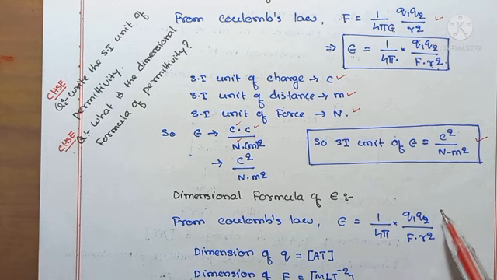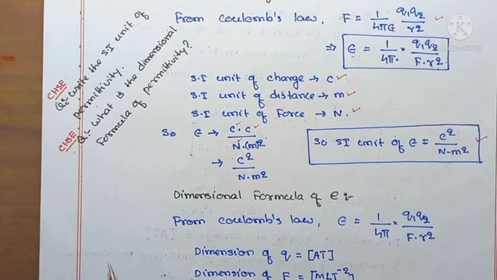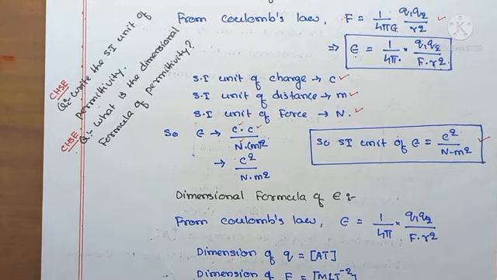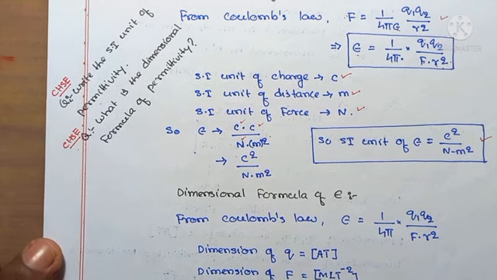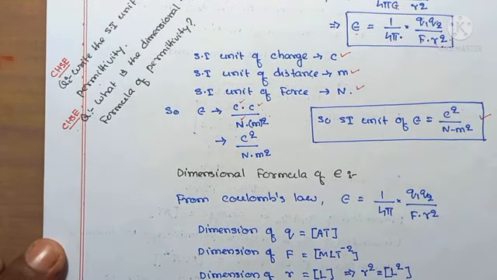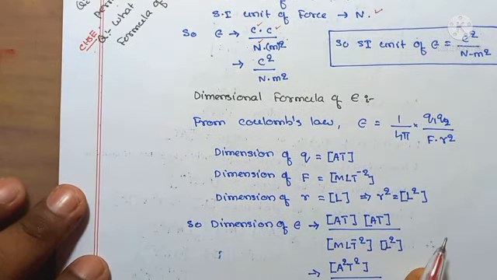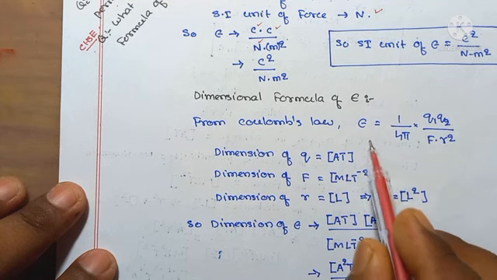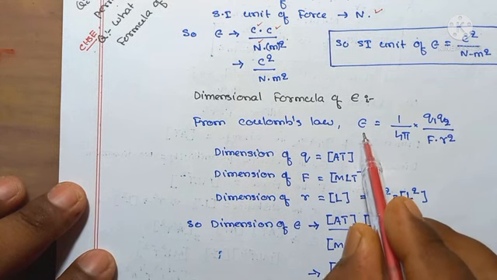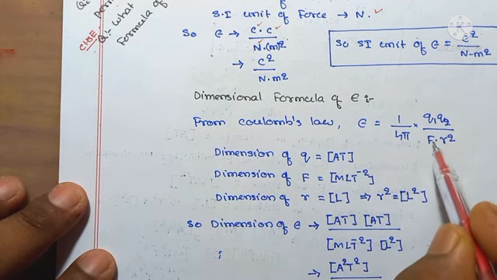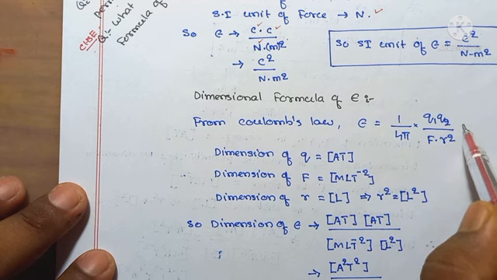What is the dimensional formula of permittivity? CHSE board has asked this question many times. From Coulomb's law, epsilon is equal to 1 by 4 pi, Q1 Q2 by F R square.